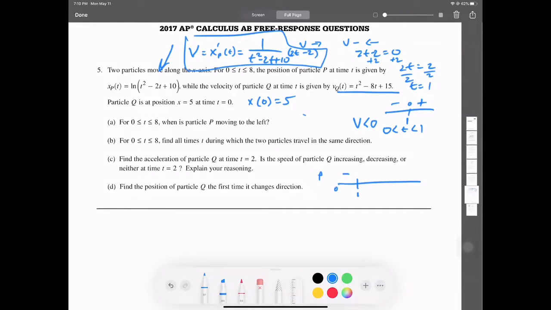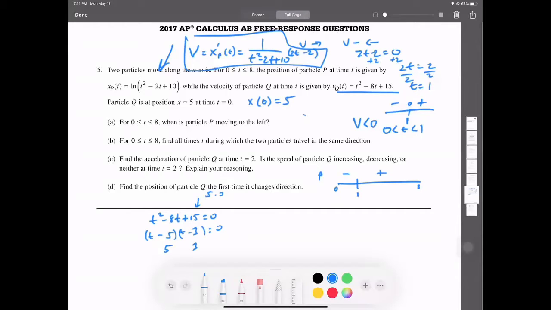And then from 1 to 8, it was going to the right the rest of the time. For our second problem, Q, when does t squared minus 8t plus 15 equal 0? This problem is factorable. Two numbers that multiply to 15, 5 and 3, and they do add up to 8. So t minus 5 times t minus 3. This is 0 when t is equal to 5 and t is equal to 3.